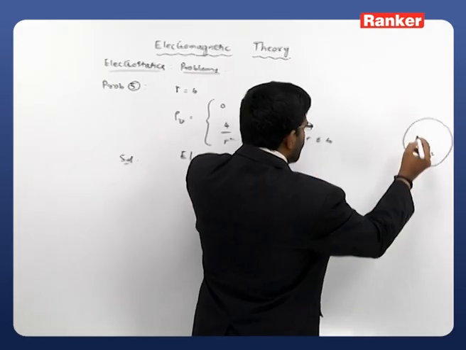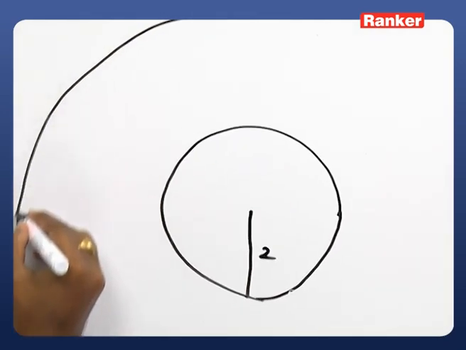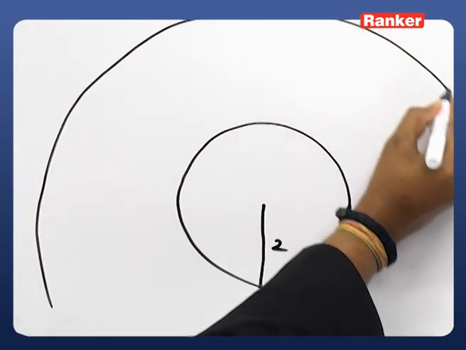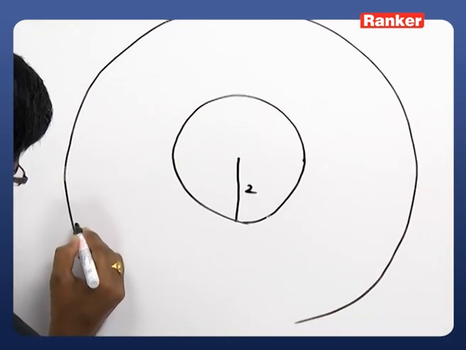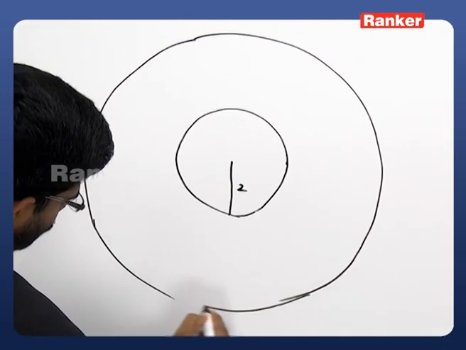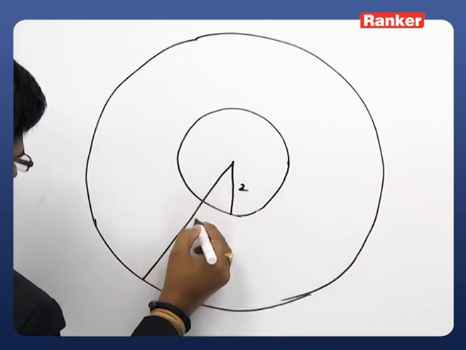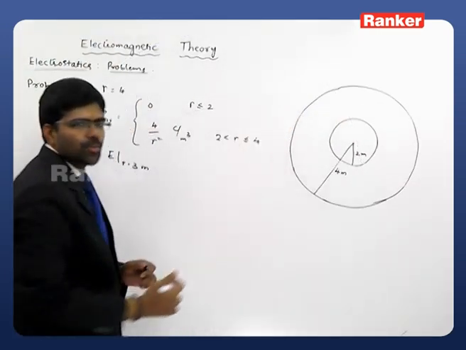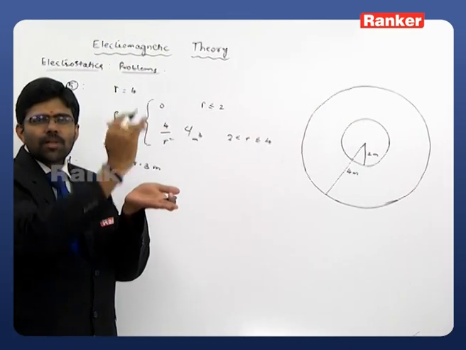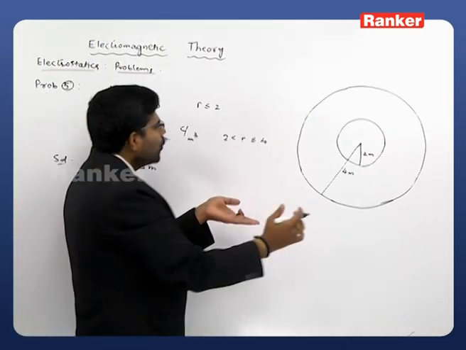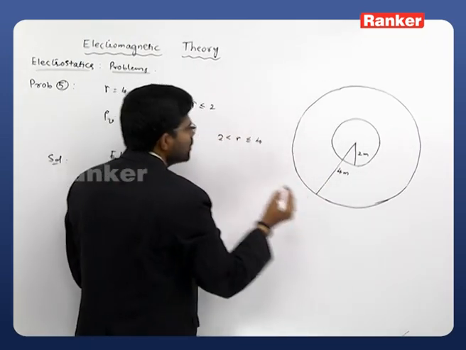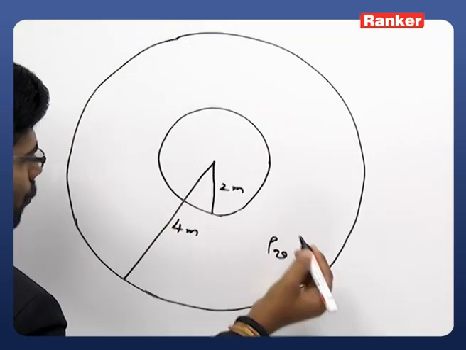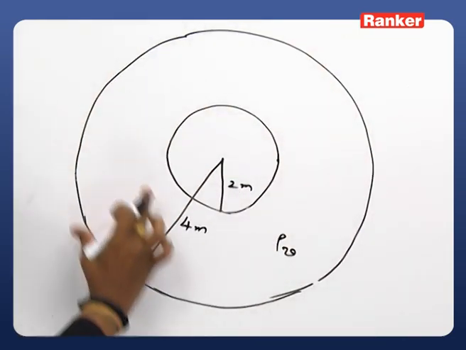And next, this is the r equals 4 meter sphere. Between the 2 meter sphere and the 4 meter sphere, we have the volume charge density given by some expression. So rho v is present in this particular region only.